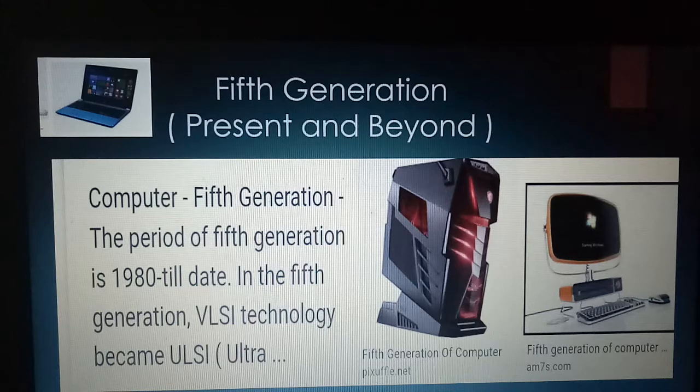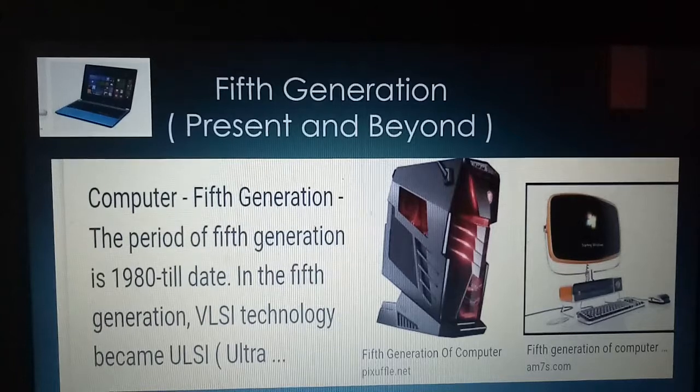So class, today we have learned about the different generations of computers. We have learned the first generation, second generation, third generation, fourth generation, and finally we have done the fifth generation. Please go through the chapters and read them nicely.